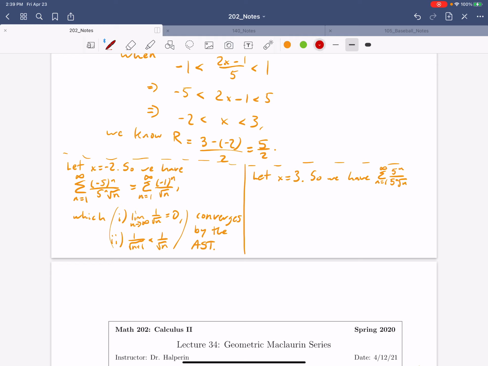And we can see a pretty nice cancellation going on right there. Let me rewrite it: 1 over root n. This time there's no alternating term, and we should see that this is a divergent p-series, because p equals 1/2, which is less than or equal to 1.